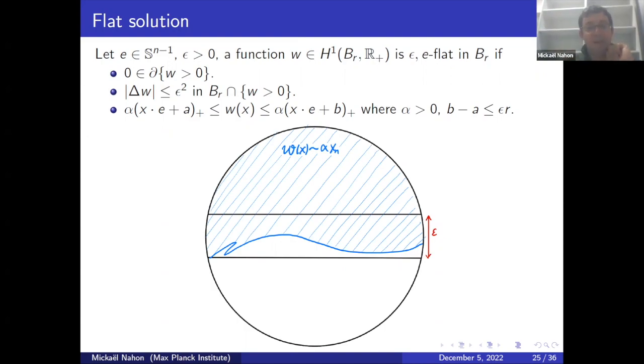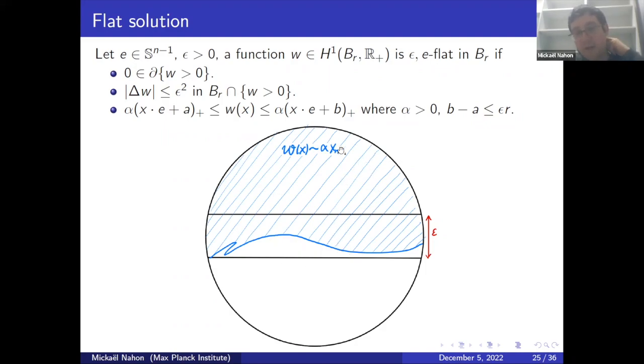And the third one is to say that W is very close to a linear function in the direction of E. So it's between x times E plus A and x times E plus B, where A and B are epsilon close.